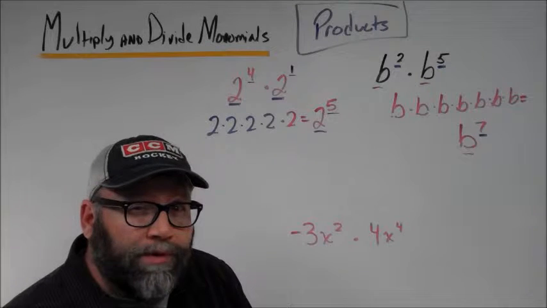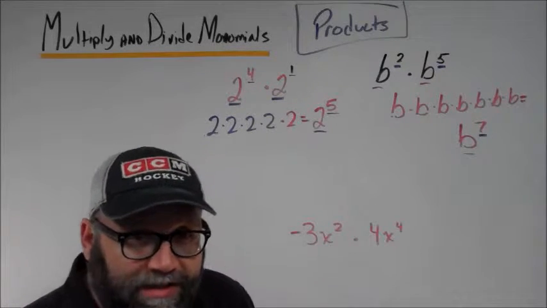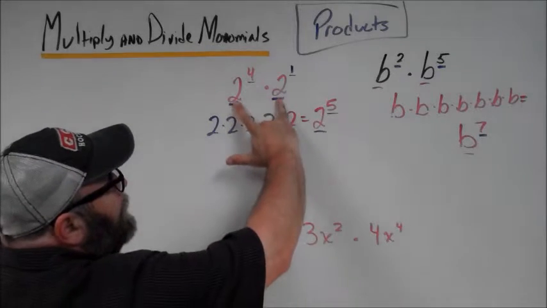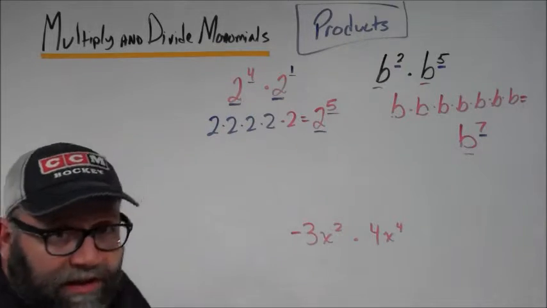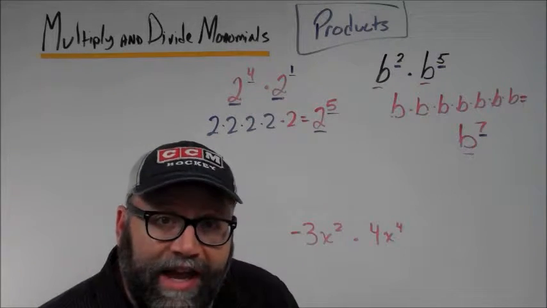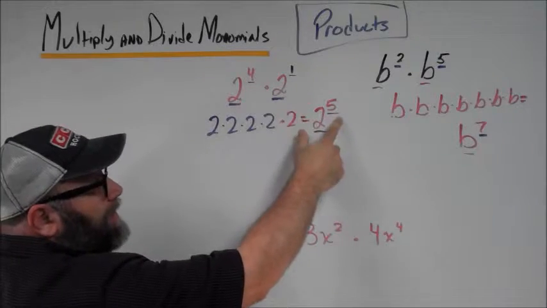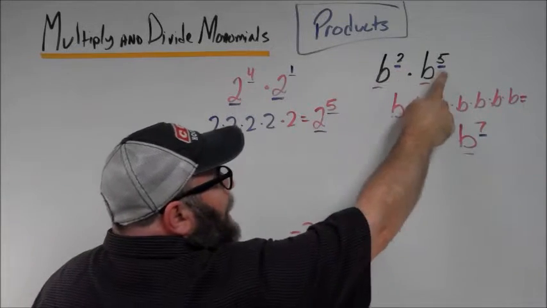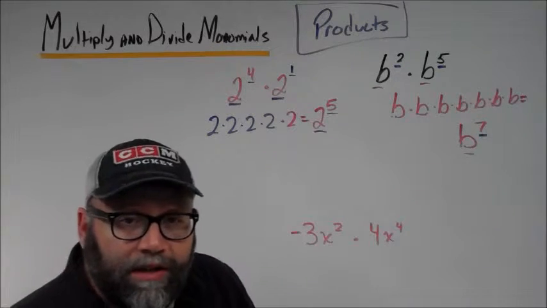I hope so, because what we see here is when we're multiplying similar bases, like bases that are the same, the base stays the same, and what we end up doing is just adding the numbers of the exponents together, right? Because 4 factors plus 1 factor gives us 5 factors. 2 factors plus 5 factors gives us 7 factors. And it works out to be the right answer too.